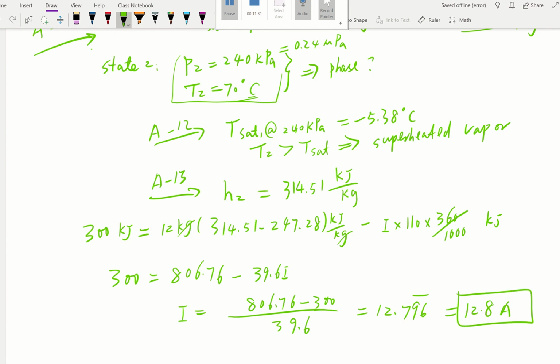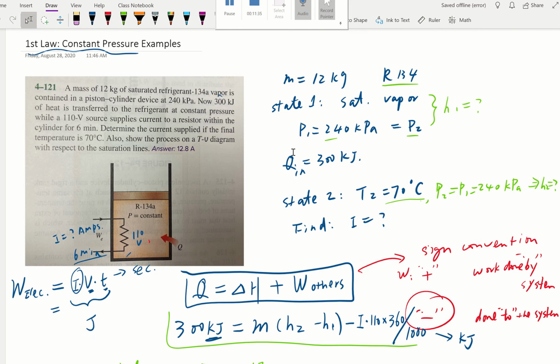Okay. All right. So we solved this problem. This is a good problem that's showing the essence of the first law. If it's constant pressure, then we're using this formula here: Q equal to delta H plus work others. For this problem, there's indeed other type of work done to the system, and using sign convention, here work is going to be negative value.